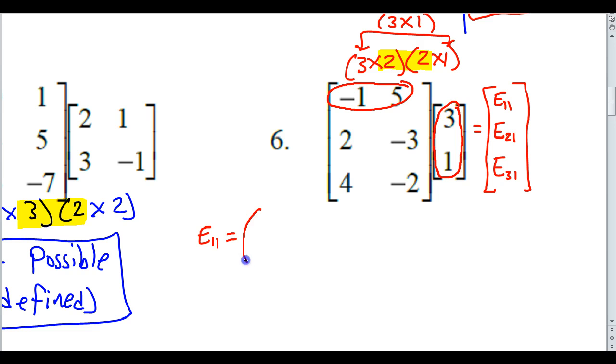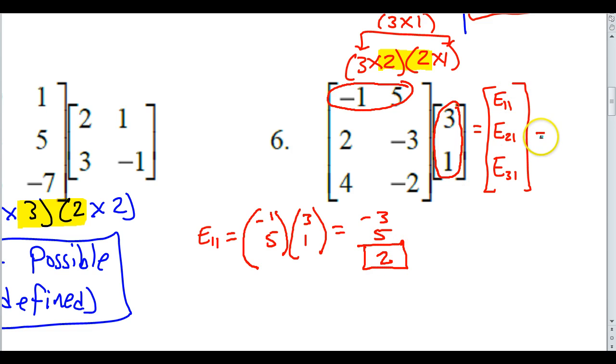So that would look like this. -1, 5, and then 3, 1. So that is -3 and 5, which together makes 2. Okay, so that's that. This one I guess I can go ahead and build as I go.